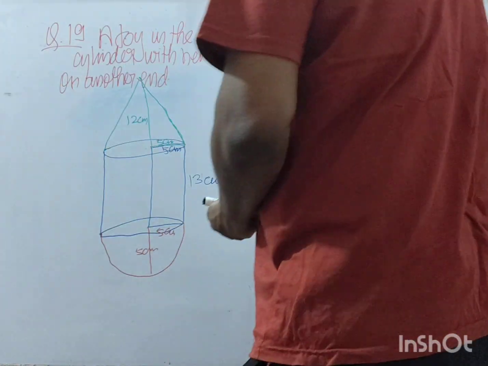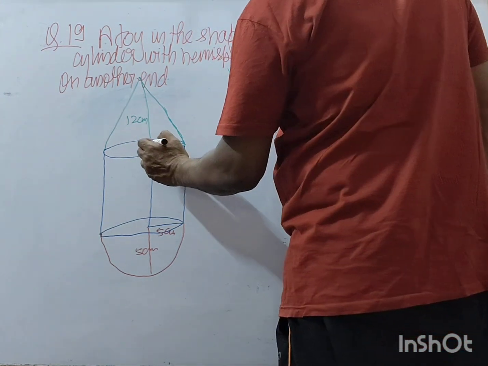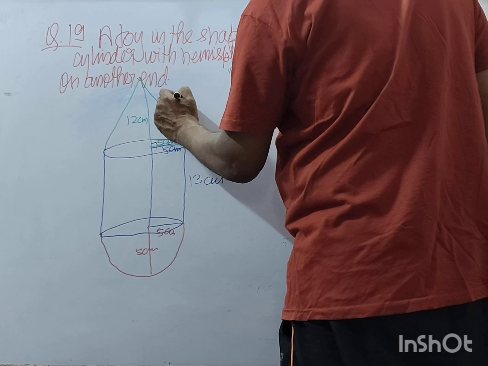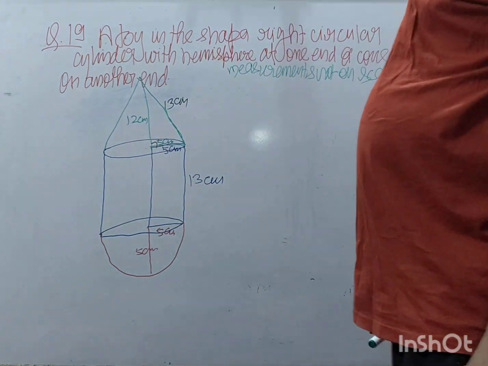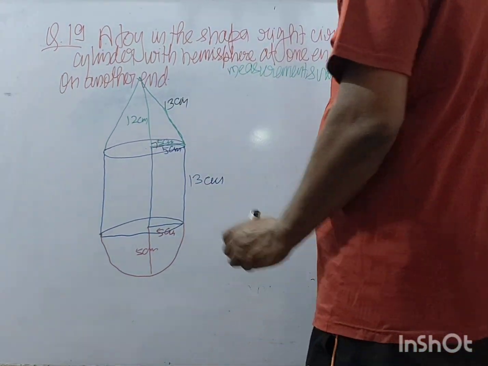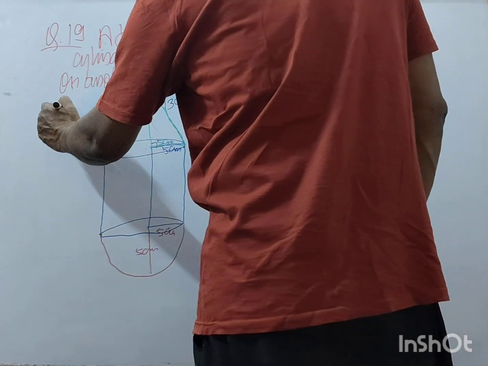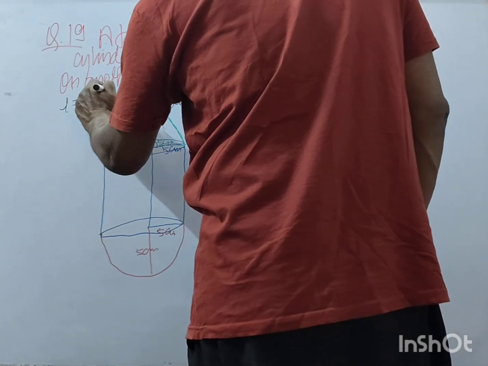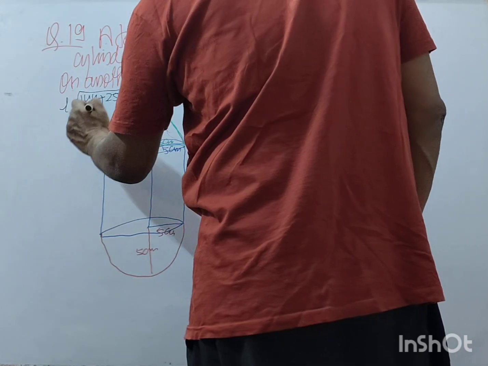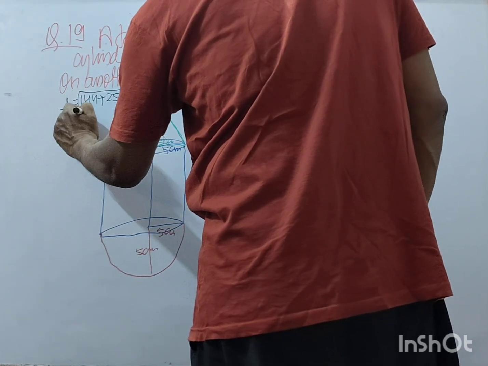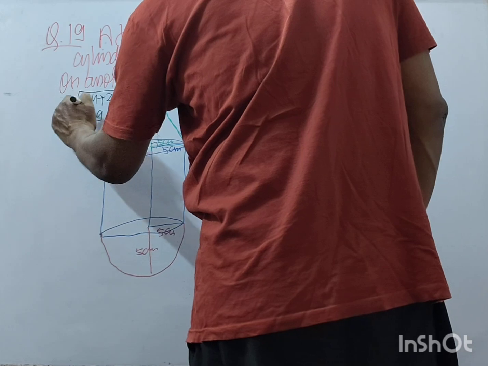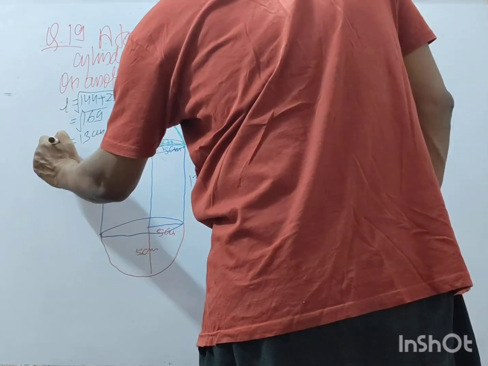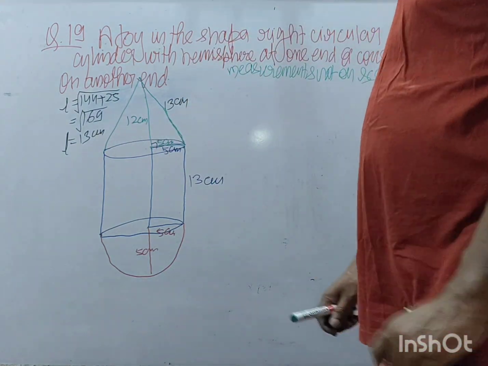If I take this as 5, then this will be 13 centimeter. How? That L is equal to root over 144 plus 25, root over 169, which is 13 centimeter. L is 13 centimeter. We get that.